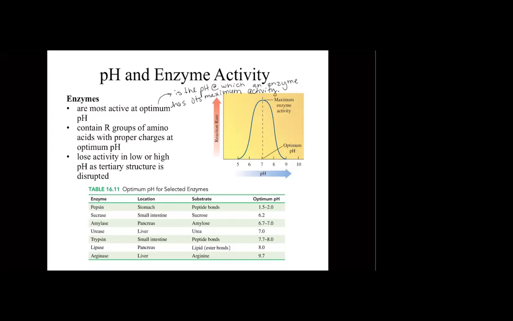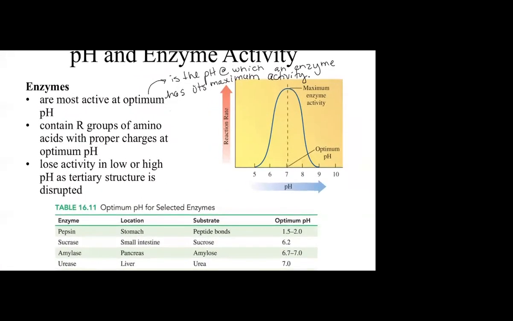Now, when we look at the location of those enzymes, and we can see this illustrated in table 16.11, we can see the different optimum pHs for a selected number of enzymes. When we compare them, we can observe that depending on the location of the enzyme, that's where its optimum pH is.